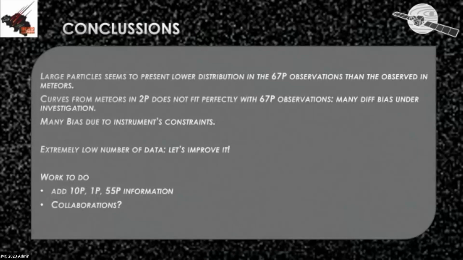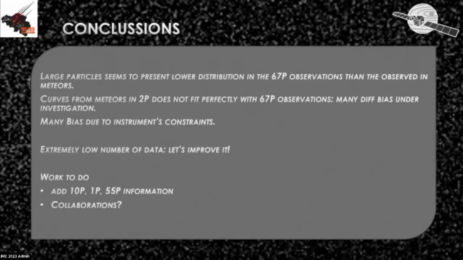The curves from 2P in comparison with 7P are under investigation, because there are many different biases in the data. This is mostly because of the instrument constraints of Rosetta, and of course because of other constraints that I'm not that familiar with in meteor showers.